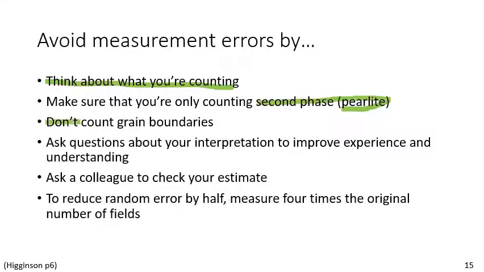Make sure we're not counting etched grain boundaries as second phase. Ask questions, ask a colleague, someone to help check your estimate. And then one way to reduce random error by half is to measure 4 times the original number of fields.